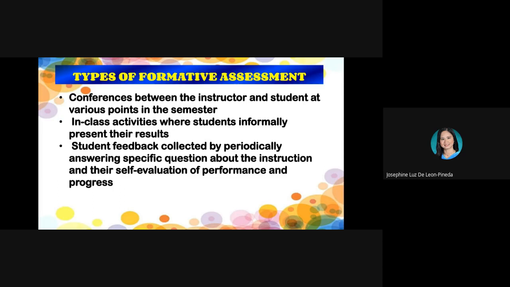So, pwede rin yung mga ginagawa nating tinataas nyo yung mga letters, A, B, C, D. Yan, pwede yan, mga in-class activities. No? Students' feedback collected by periodically answering specific questions about the instruction, and your self-evaluation of performance and progress. Here are the types of formative assessment.